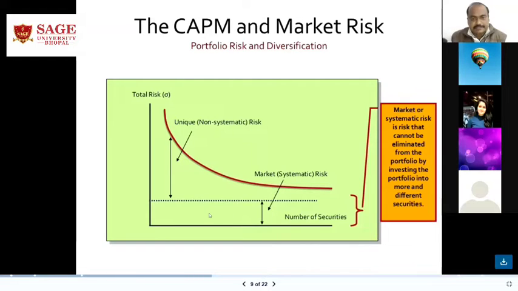Yes, sir. Okay, so this portion cannot be avoidable. This is systematic risk or market risk. And this is non-systematic risk, which can be avoidable by minimizing the risk.